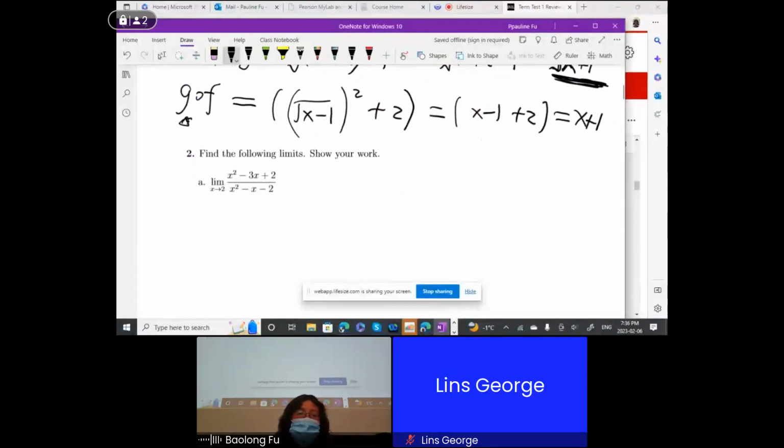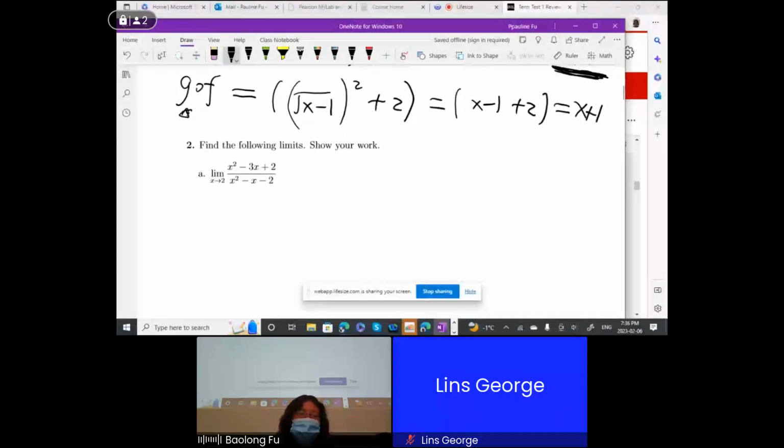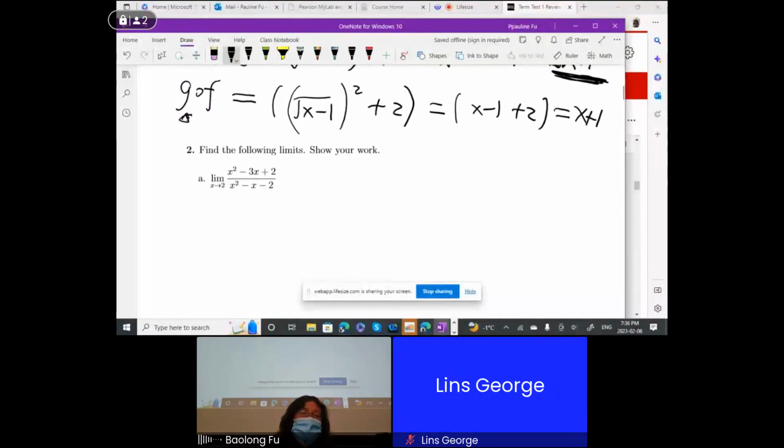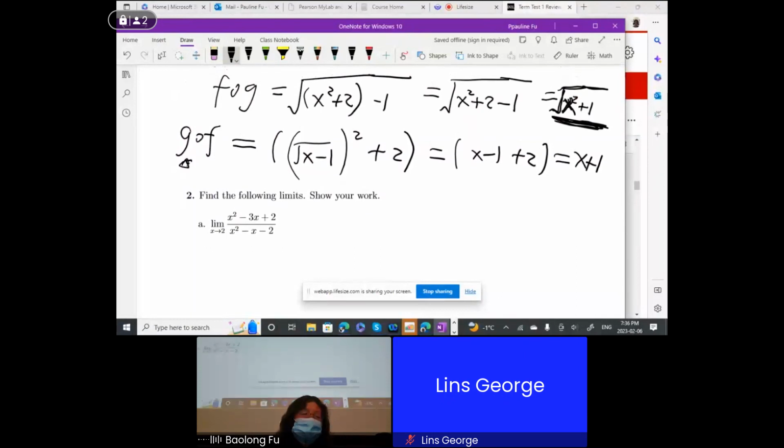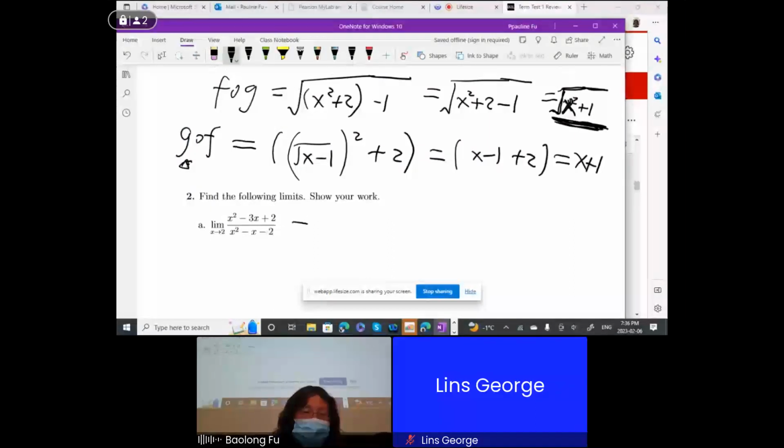Question 2, find the limits. Show your work. When you have this kind of question, usually the first step, you can just try to plug in 2. If you plug in x equal to 2, what happens? When you see x, plug in 2.